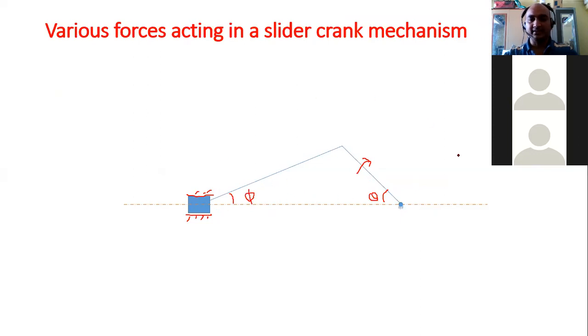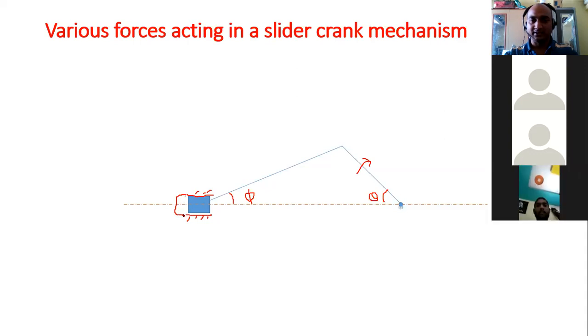Which forces are there in this system, that we have to understand first. Just to understand the operation of this single slider crank mechanism, we can see how the motion of this piston takes place in an IC engine. We know in an IC engine the chemical energy stored in the fuel, like diesel or petrol, is converted into heat energy, and then that heat energy is converted to mechanical energy.